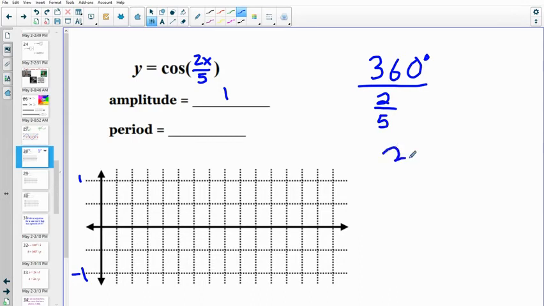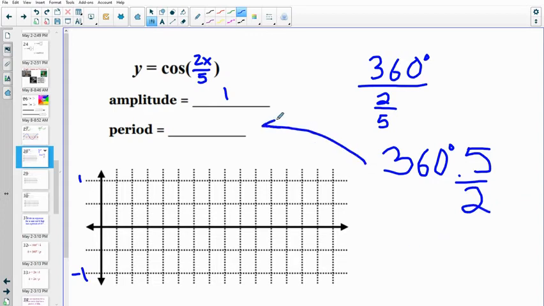So instead of dividing by 2/5, I'll take that 360 degrees and multiply by 5/2. And so that's going to give me the period, 360 times 5/2. Let's see, half of 360 is 180. 180, I think that's 900. I'm just going to plug that in a calculator and make sure that that is right. But I believe that that is 900.